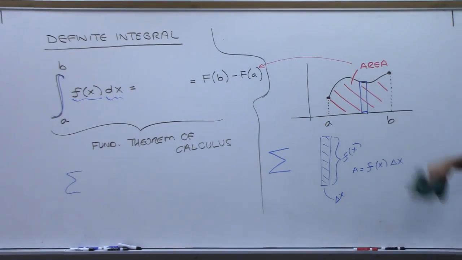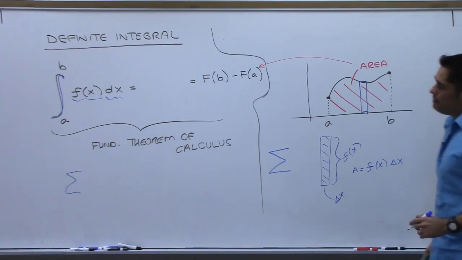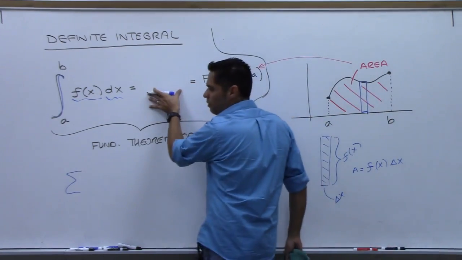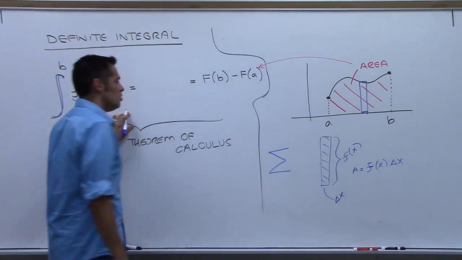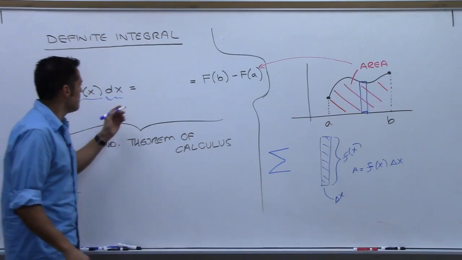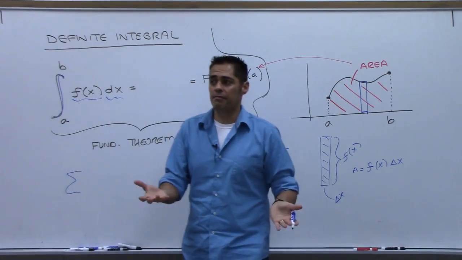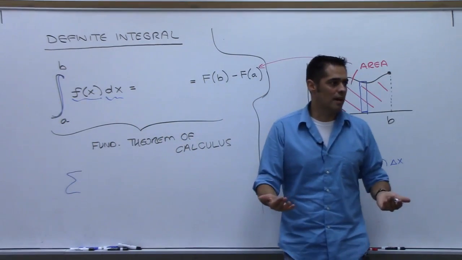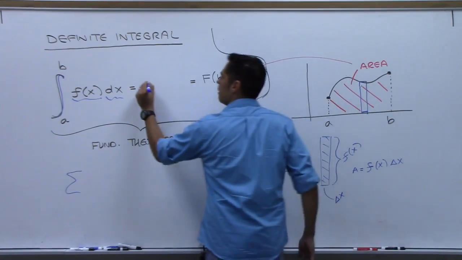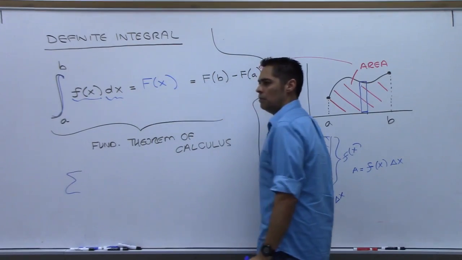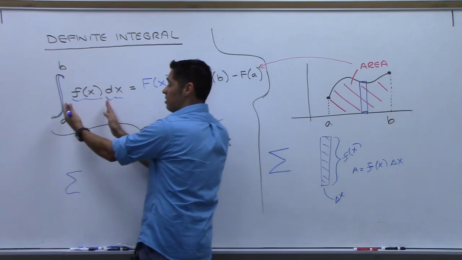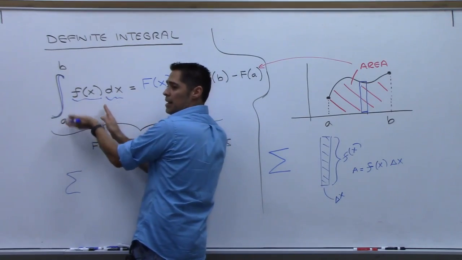It represents the area under the curve. And I left a space in here for a reason, because when you're doing definite integrals, what we like to do is first find the antiderivative, right? Because that's what we've been doing this whole time. So what we like to put here is just capital F of x. Someone wants us to find the area under this function between a and b.